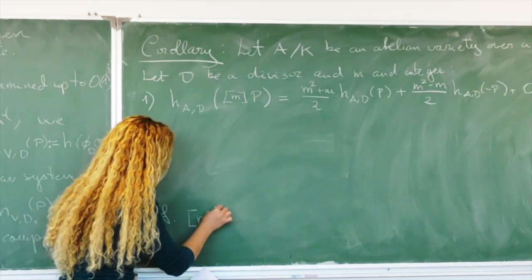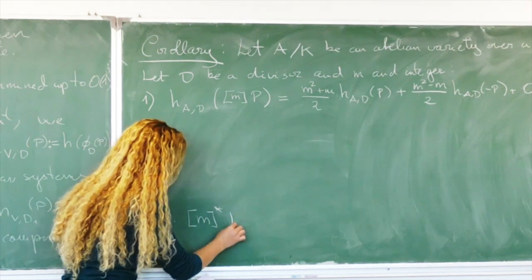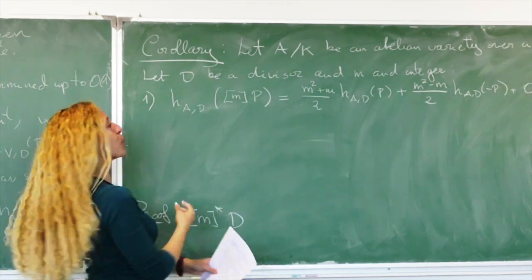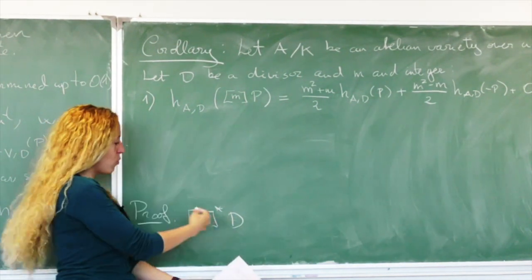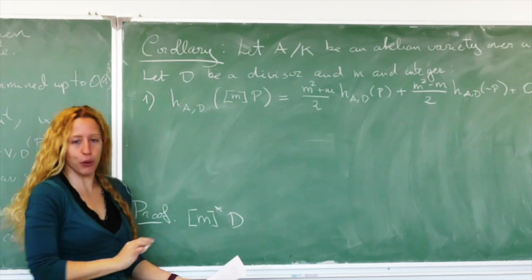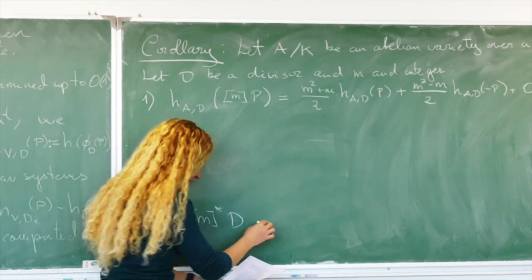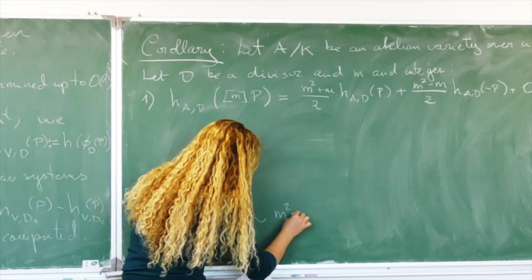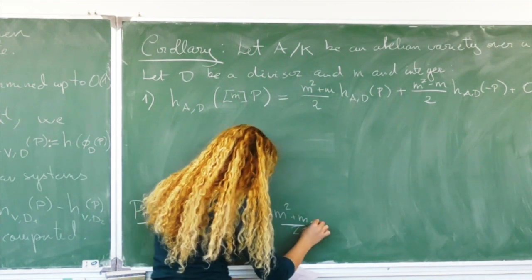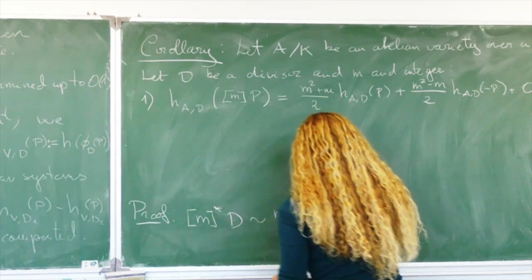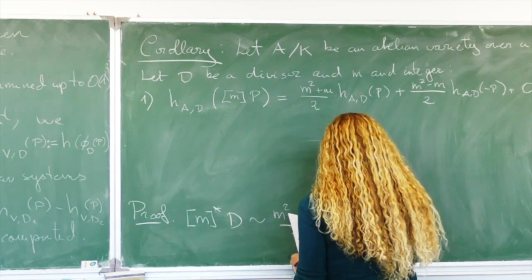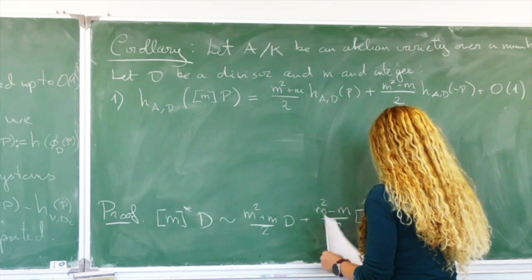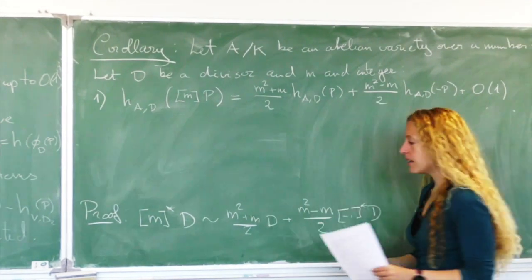So I can do the push forward of a divisor T. And it was one of the first properties that we looked at, the second property, actually. And the idea is that this is equal to (m squared plus m) divided by 2 times T plus (m squared minus m) divided by 2 times minus 1 T, right?